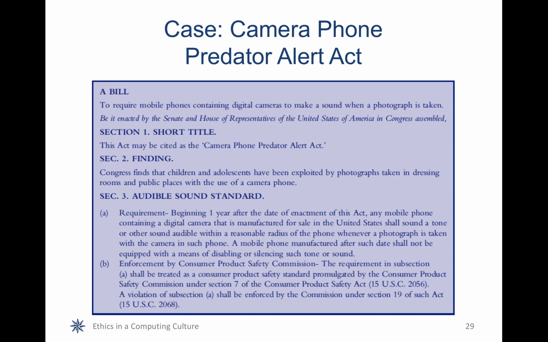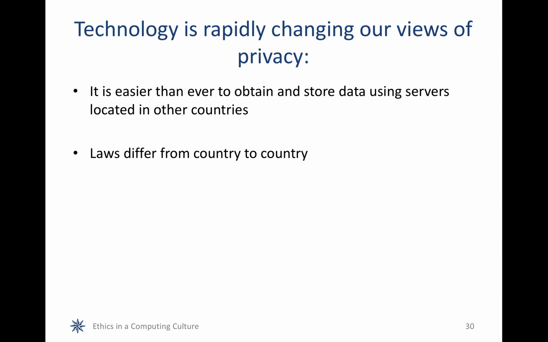Technology is rapidly changing our view of privacy. It is easier than ever to obtain and store data using servers located in other countries, and laws differ from country to country, which only makes this more complex.